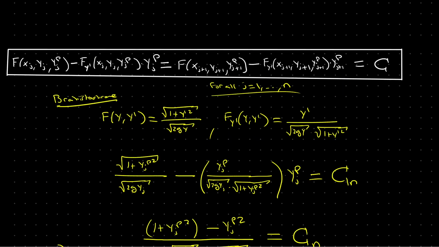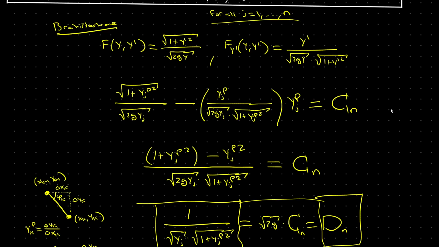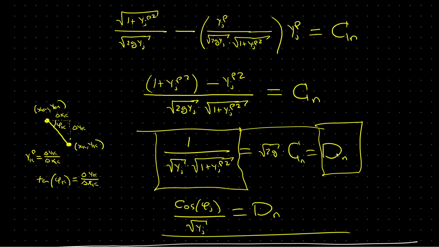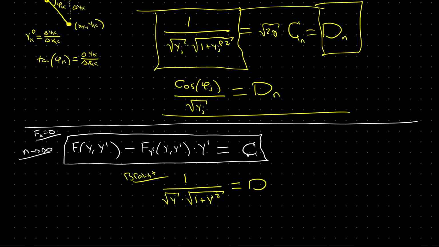The same thing holds for this equation right here. It depends on that fixed n, where n is the fixed number of points in our discretization. So we'll call this cn, this dn, and then in the limit we'll just call the constant c, the constant that we get when we take the limit as n goes to infinity.